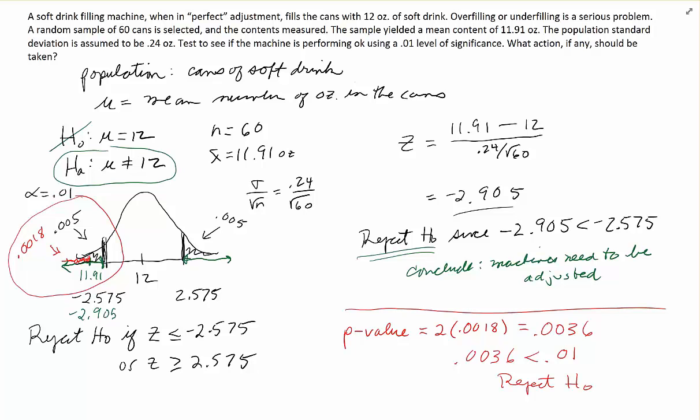It's past that decision line, and we can go ahead and reject. But my original alpha value is 0.01, and I would want my p-value to compare to that. So since I split that on both ends of the distribution, I'm going to double the 0.0018 so I can compare it to the original 0.01, and that's why you are doubling it.